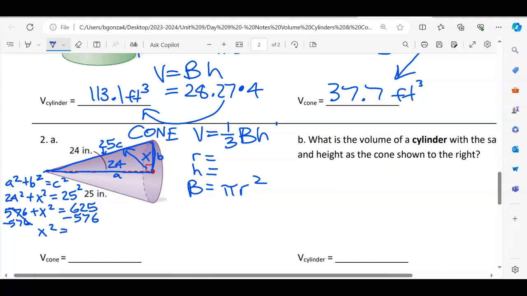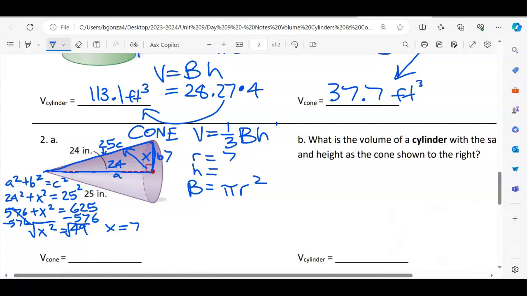X squared equals, when you subtract, you get 49. Last step to get rid of a square. Does everyone know the opposite of square is square root? What's the square root of 49? Yeah, x equals 7. That means up here, the radius is 7, okay?